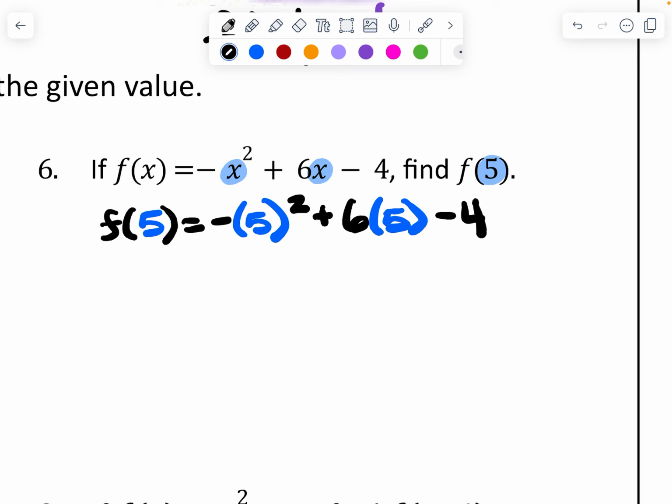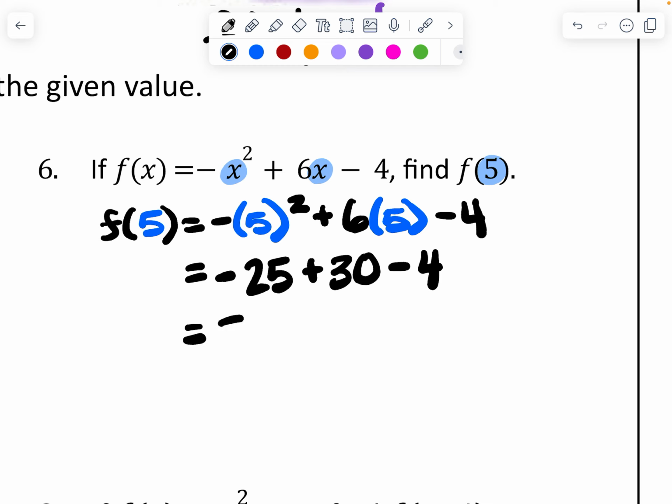You can put this whole thing into your calculator, or we can do it by hand, but order of operations tells us to evaluate the exponent first, so I'm going to do 5 squared equals 25, and there's still a negative here because we haven't applied that yet. So -25, 6 times 5 is 30, minus 4. So -25 plus 30 is 5, minus 4.